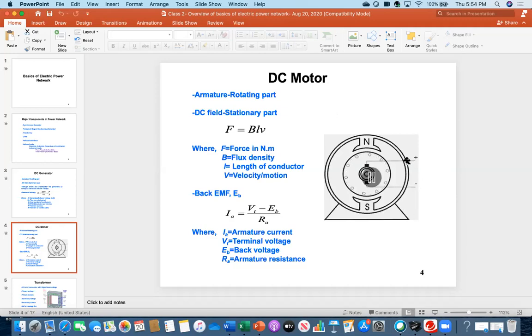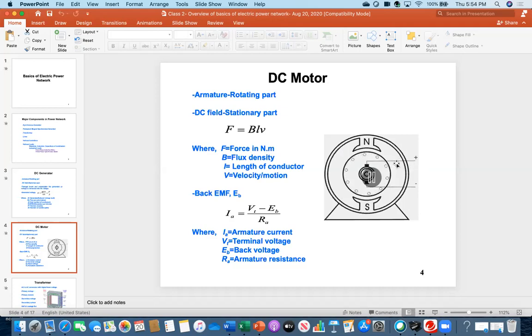Now you see this picture, like I was explaining for the generator, this is the North Pole and South Pole, clearly you can see. The North Pole and South Pole are placed, and this is the armature body. Just keep in mind, in the case of a motor, this armature does not rotate from the beginning. You see the plus minus sign, meaning that you are applying the DC voltage.